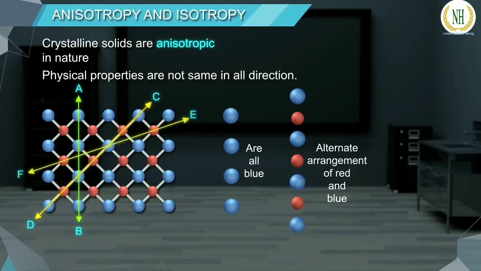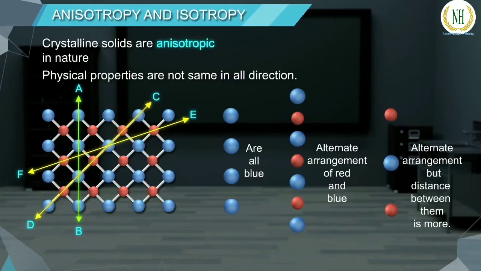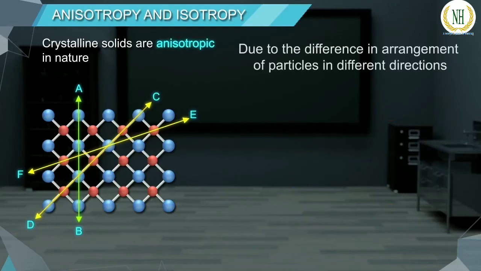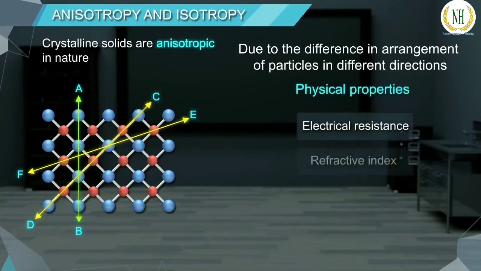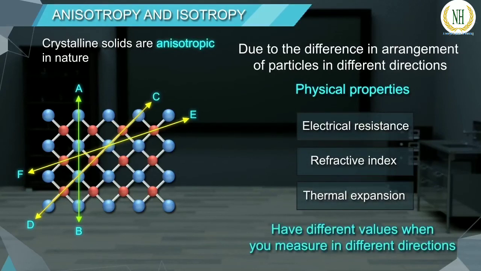Now, if we consider this direction, the arrangement is again alternate, but the distance between them is more. Due to the difference in arrangement of particles in different directions, physical properties such as electrical resistance, refractive index, thermal expansion, etc. have different values when we measure them in different directions.